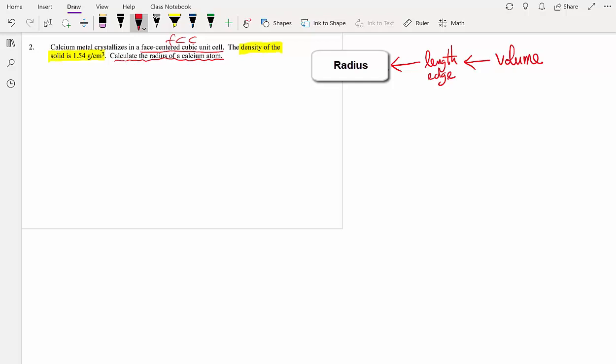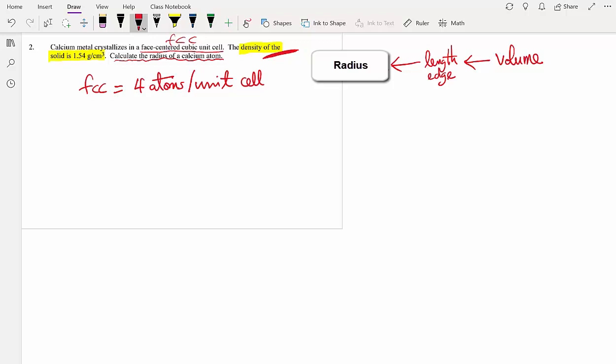So the magic bullet here would be finding the volume. And how can we find the volume? We know the density. We know that calcium crystallizes in FCC arrangement. And we know that FCC arrangement will have 4 atoms per unit cell.